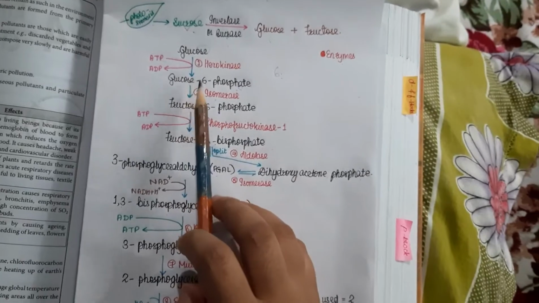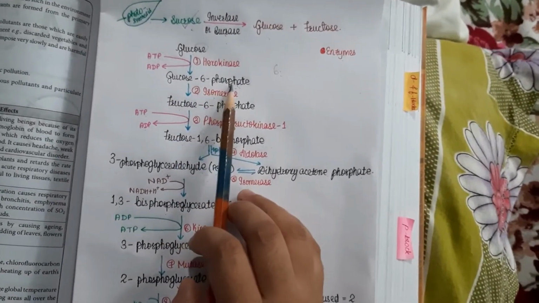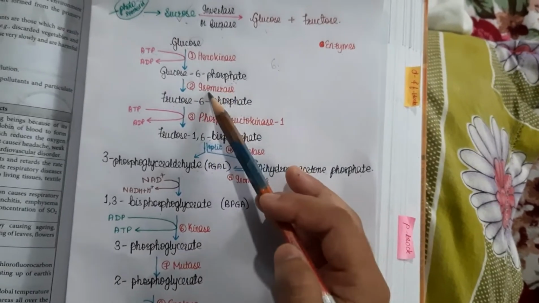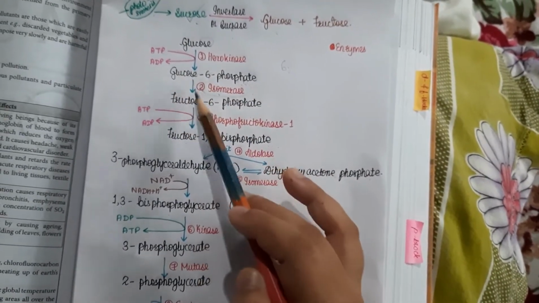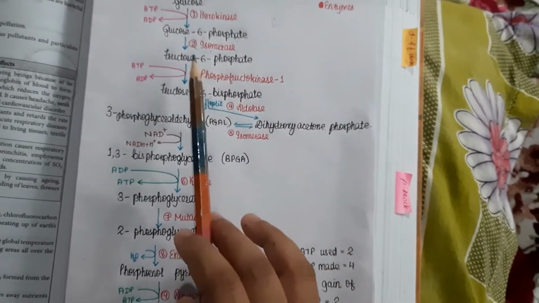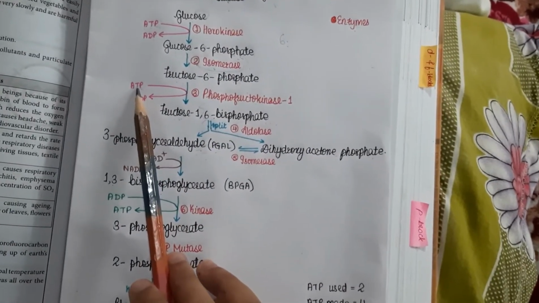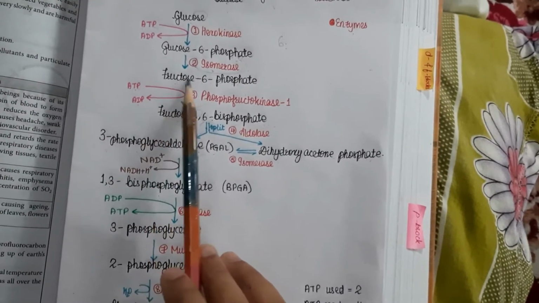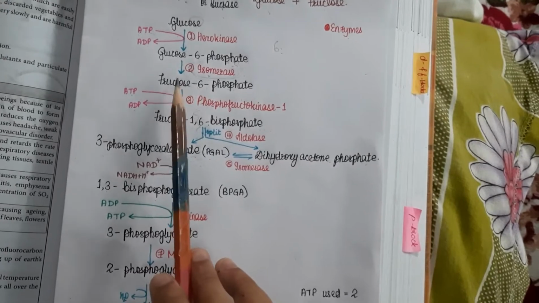Now fructose 6 phosphate is made from glucose 6 phosphate with the help of the enzyme isomerase. This is very easy because these two are isomers of each other. Then this fructose 6 phosphate utilizes one more ATP. What is the function of ATP? It is to give a phosphate group to this compound, fructose 6 phosphate.